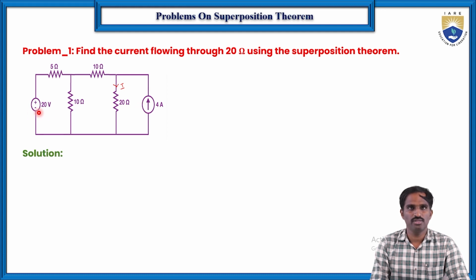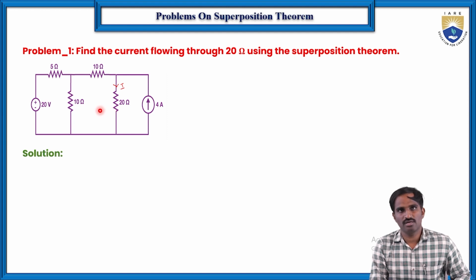In case 1, we consider only the voltage source and the current source must be replaced with an open circuit. In the second case, we consider only the current source, so the voltage source must be replaced with a short circuit. This is the way we are going to apply the superposition theorem.